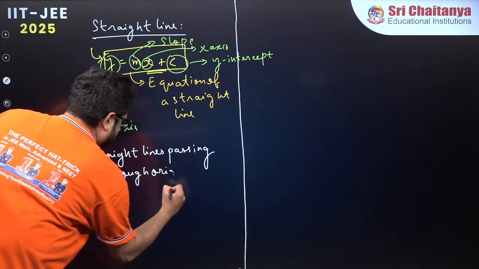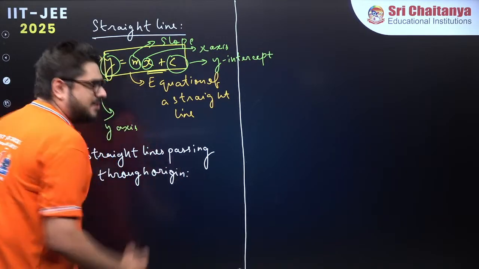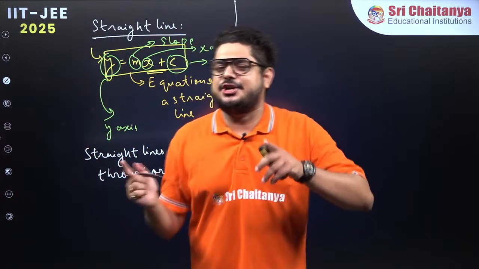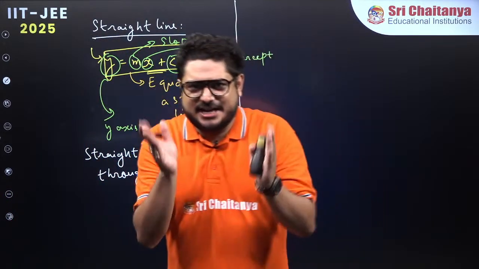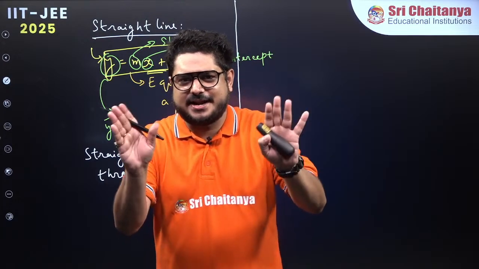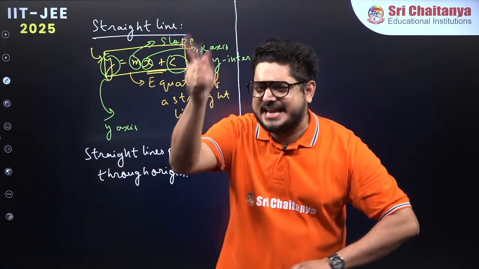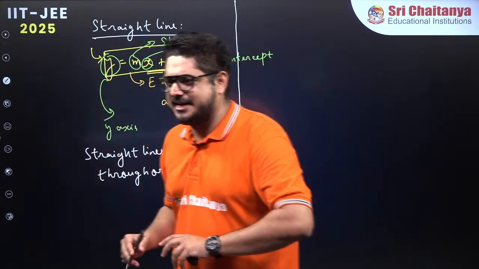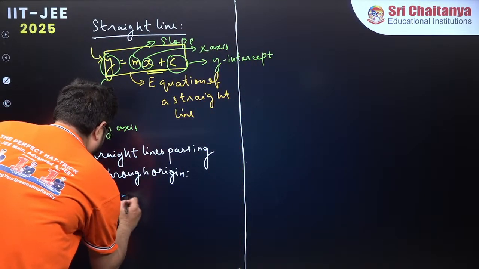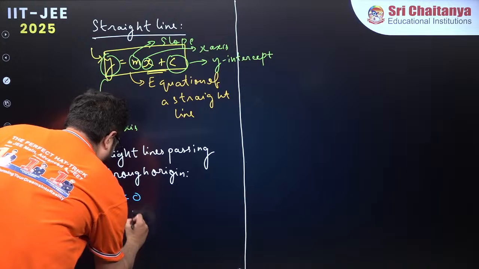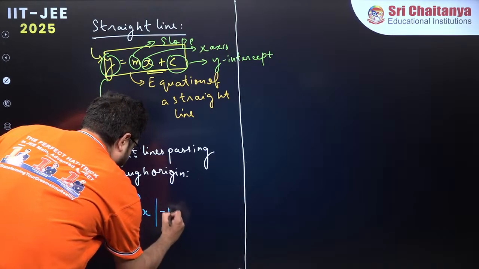So what does it mean? For a straight line passing through the origin, the equation should not be associated with the y-intercept, means the value of c is going to be equivalent to 0, isn't it? I can say that when c is equivalent to 0, y will be either mx or minus of mx.